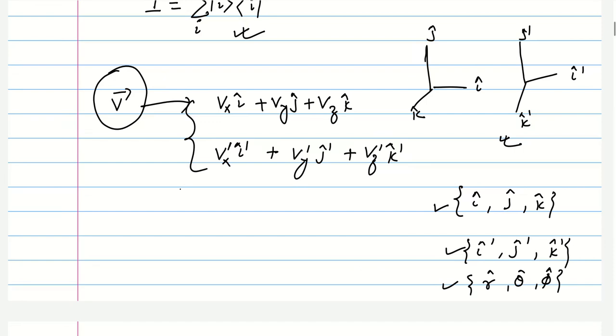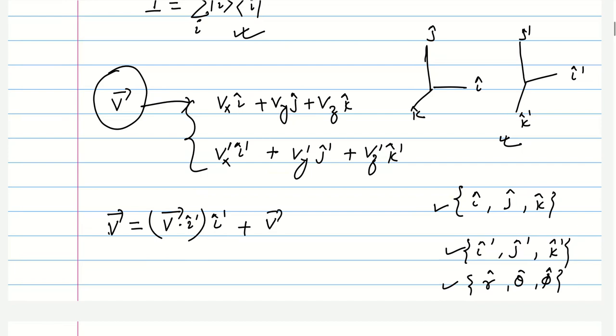So what is the operation you will perform here? This is your vector v. If you want to represent it, let's say in the i prime basis, what will you do? You will take the dot product with i prime, and then multiply with i prime. This will give you one component.